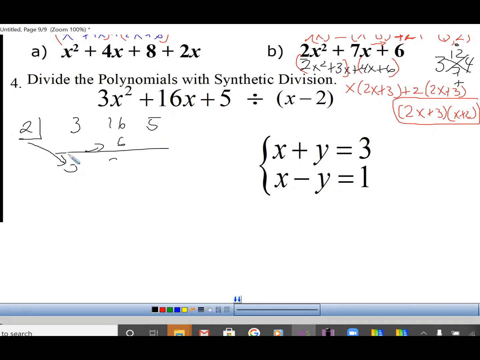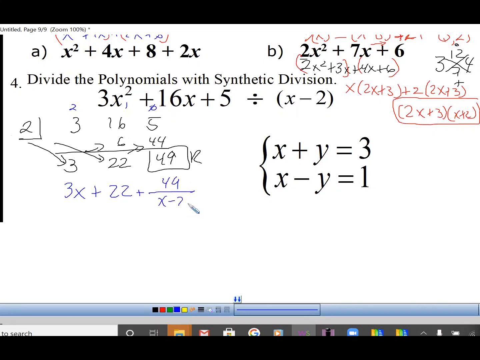Combined, that's 22. 2 times 22, that's 44. Combined, that's 49. And we're done. That's our remainder. So this was in the second degree, first degree, 0 degree. But once we do the division, this is our first degree now. So this is 3x plus 22 plus our fraction, 49, our remainder, over our divisor, x minus 2.